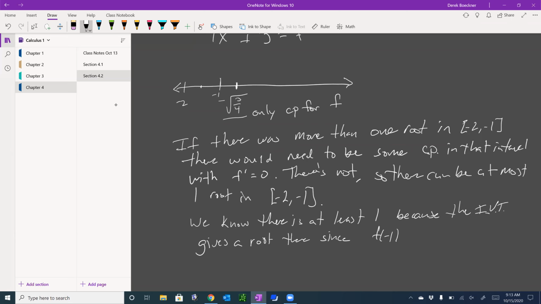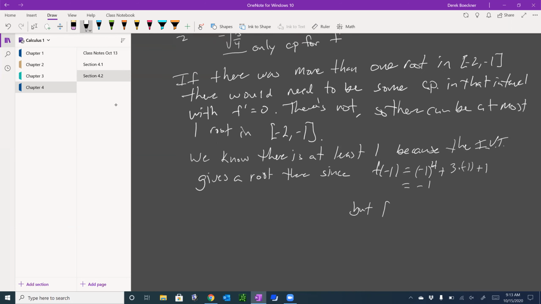F of -1 is going to be -1 to the 4th plus 3 times -1 plus 1, which is going to be, that's a +1, that's a +1, that's a -3, that's -1.